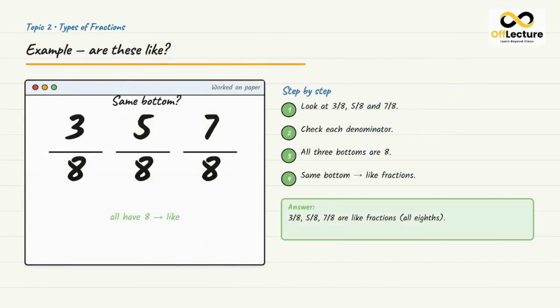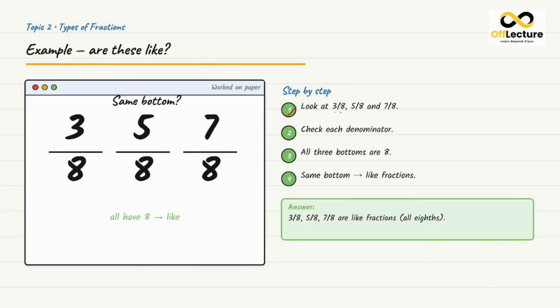Now let's move to the next part, that is an example of like fractions. We have to identify whether 3 by 8, 5 by 8 and 7 by 8 are like fractions or not. We have to do it step by step.